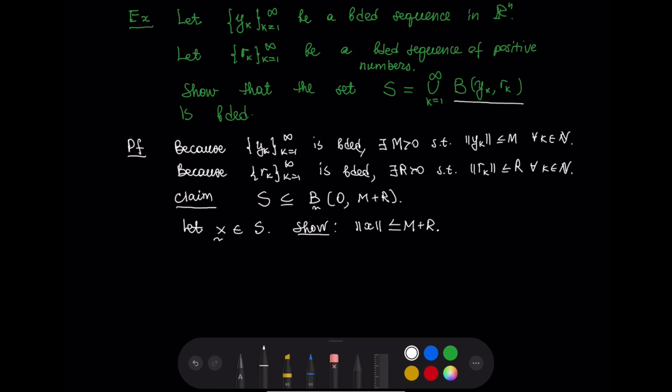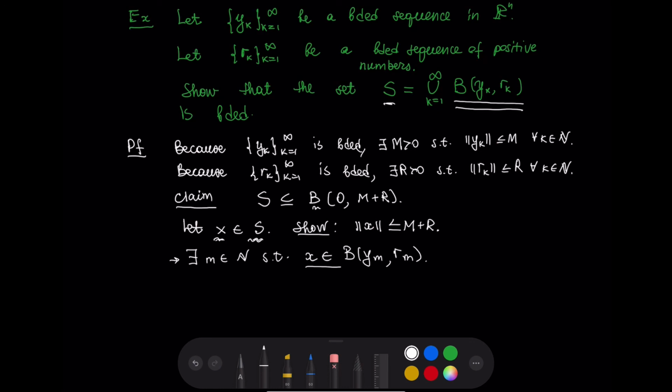So if x belongs to S, it has to belong to one of these balls, right? So there exists m a natural number such that x is in the ball B centered at ym of radius rm. This is just a simple restatement of the fact that because S is a union of all of these balls, and because x is in this union, x has to be in one of the balls.